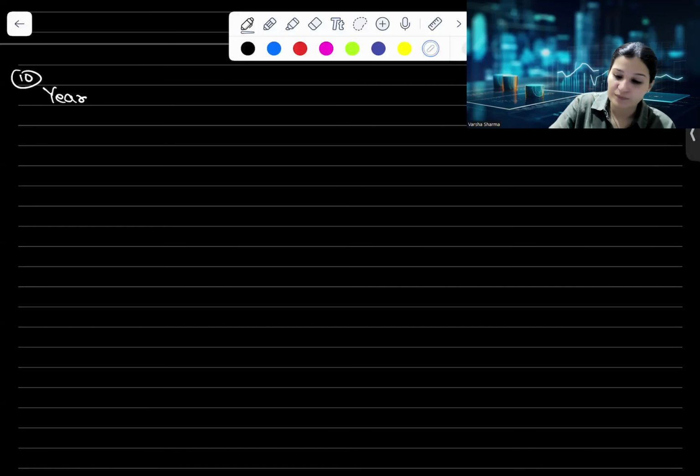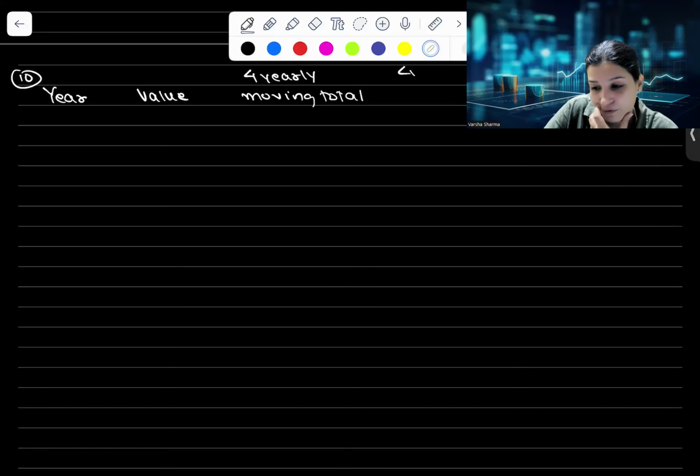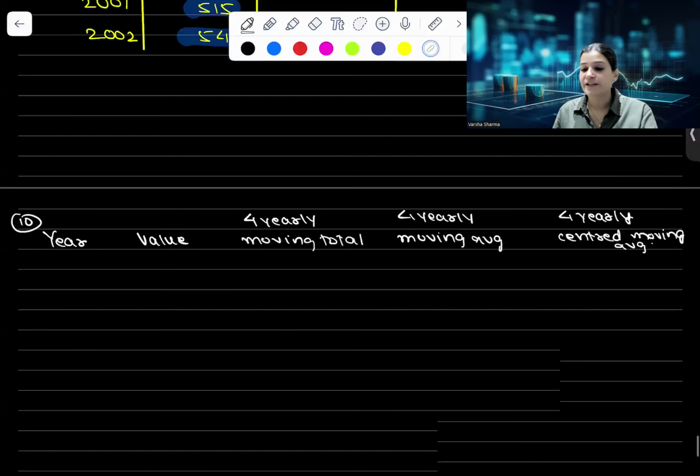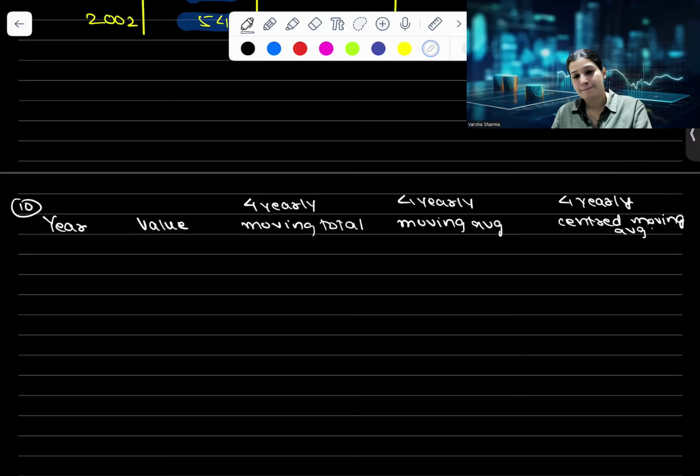We will need 5 columns here: year, value, 4-yearly moving total, 4-yearly moving average, 4-yearly centered moving average. We'll need 5 columns here.